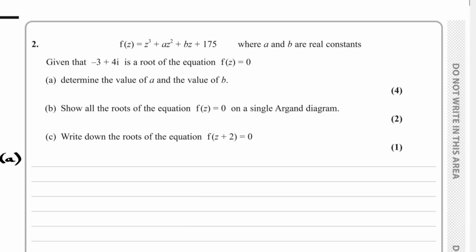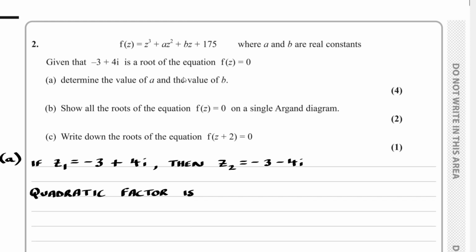To begin with, for part a, if z1, one of our roots, is equal to negative 3 plus 4i, then we have another root which is the complex conjugate of this. In other words, we have another root z2 which is equal to negative 3 subtract 4i. z1 and z2 are complex conjugates.